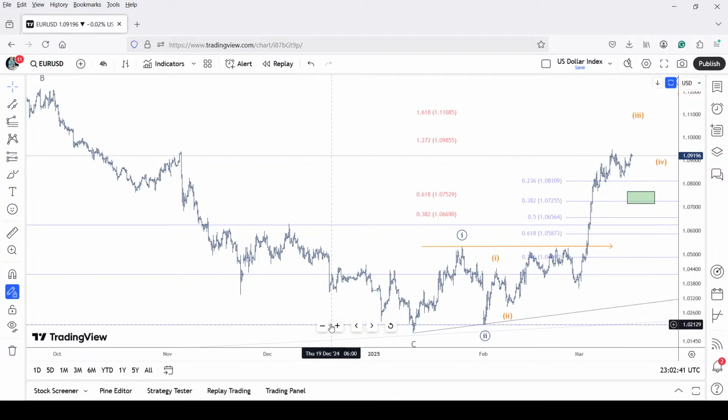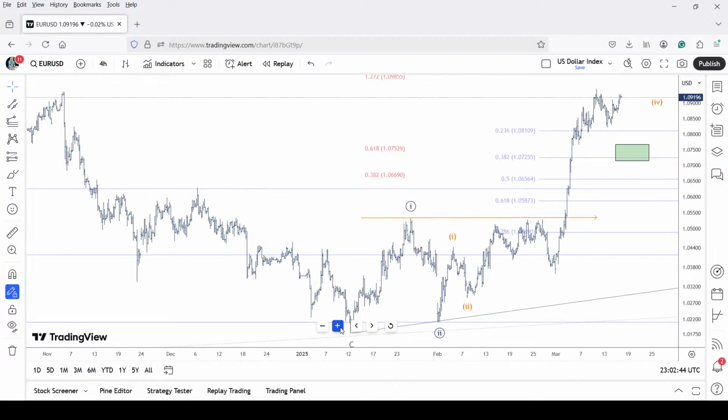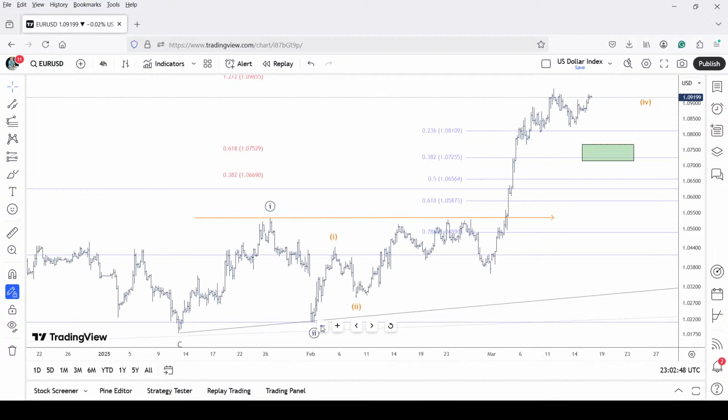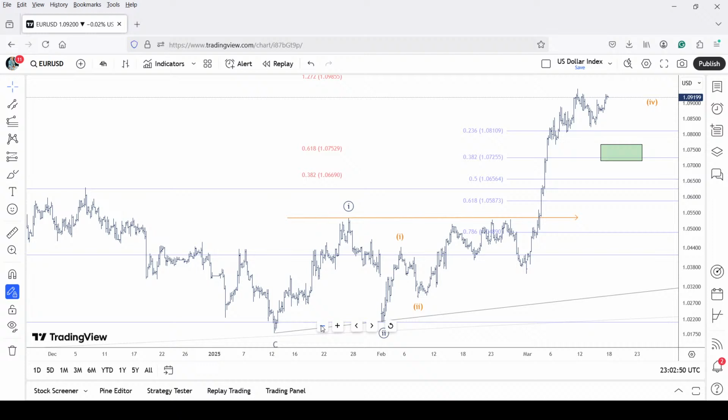and what we are seeing right now is the decline was three waves, and the rally thereafter looks to be a potential impulse. That is a lower degree.